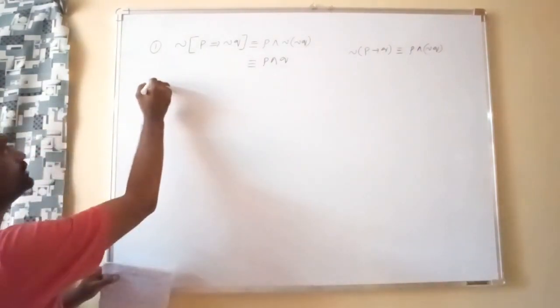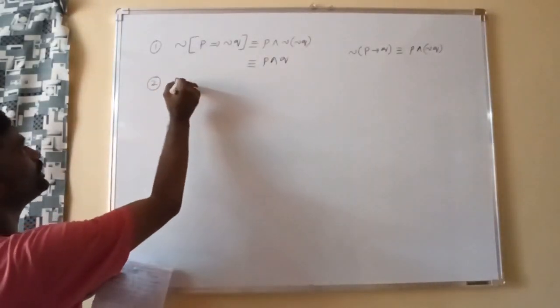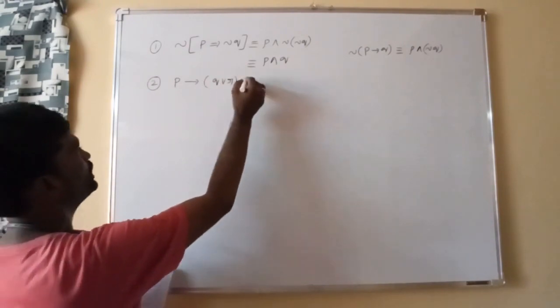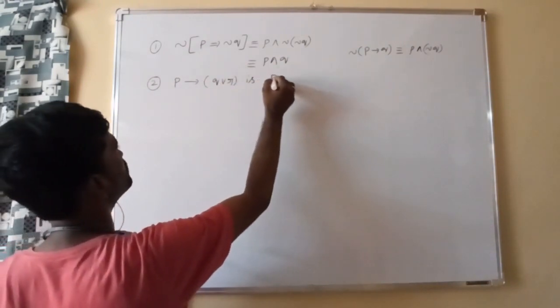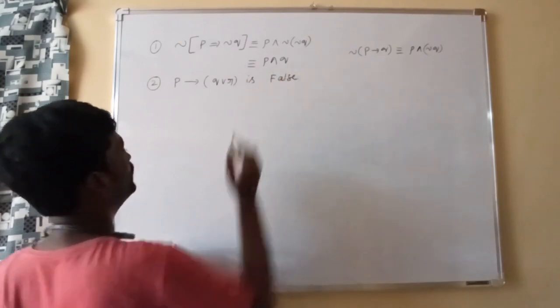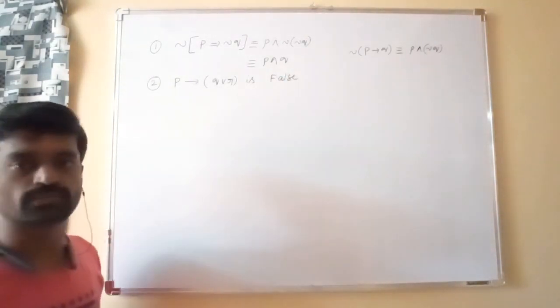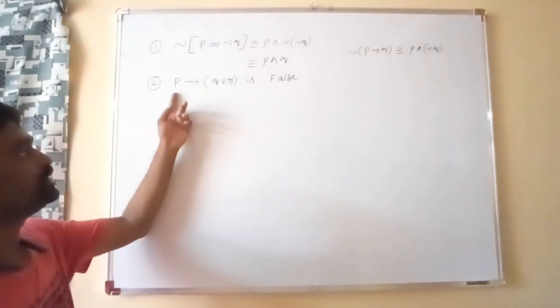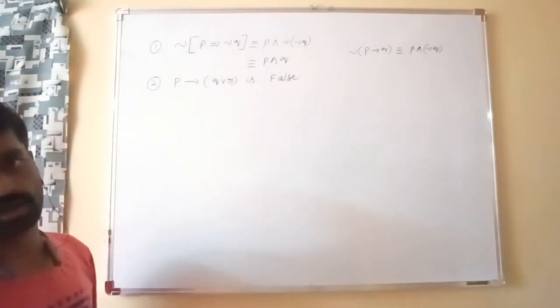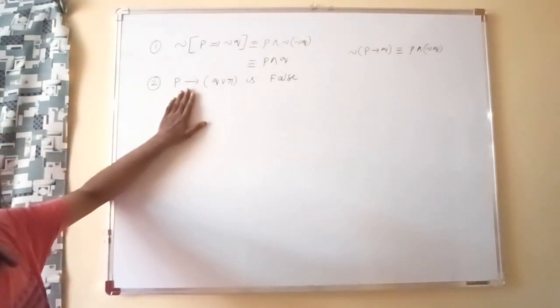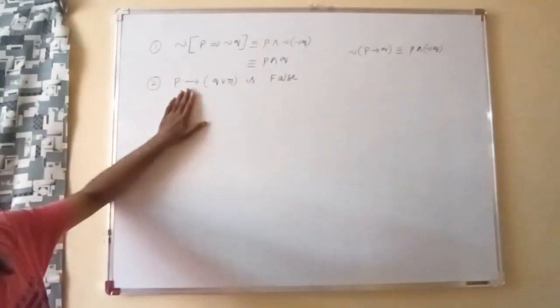Next, the second one. It is given that P implies Q or R is false. If this compound statement is false, then we have to find the truth values of P, Q and R. So here it is in the form of P implies Q, a conditional statement.